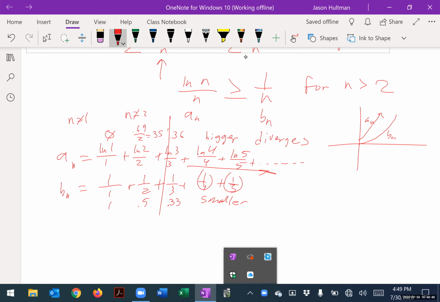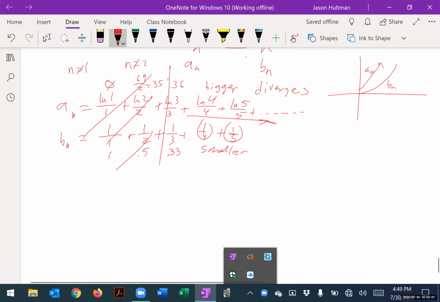So what do we do? We just say, hey, forget about the first 2 terms. Start at 3 to infinity, n equals 3 to infinity. We can still use the comparison test. We just start at 3. So, does this converge or diverge?